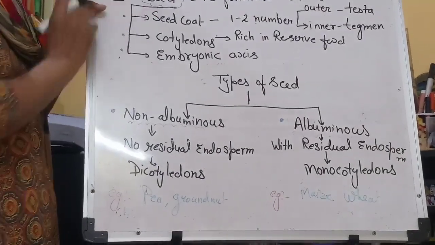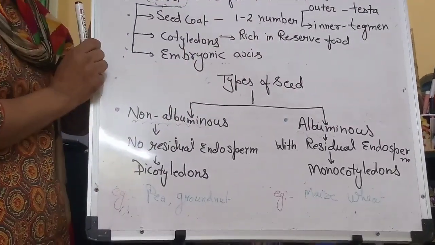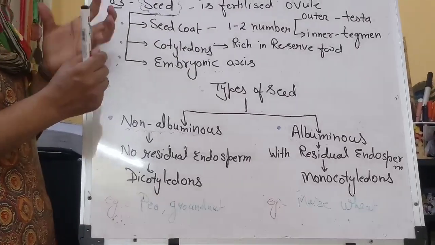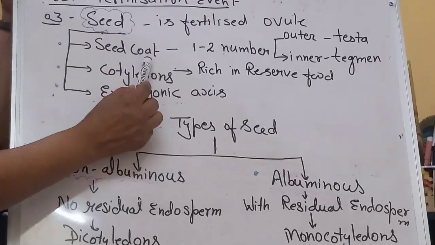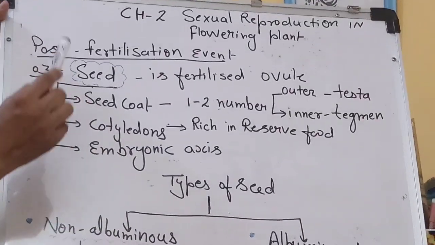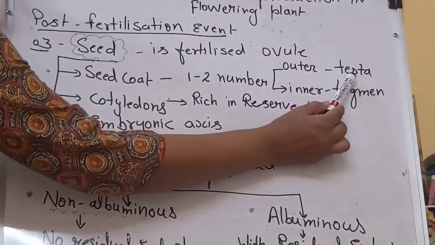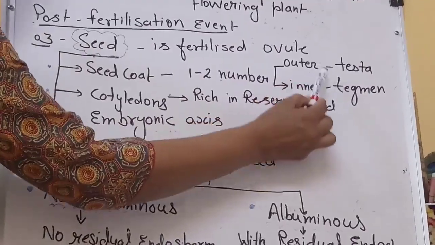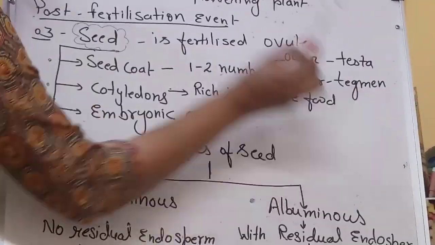What is a seed? A seed is a fertilized ovule. When you see a seed, there are some structures. The covering part is called the seed coat. It has 1 to 2 layers. The outermost part is called testa, and the innermost, the inner membrane, is called tegmen.